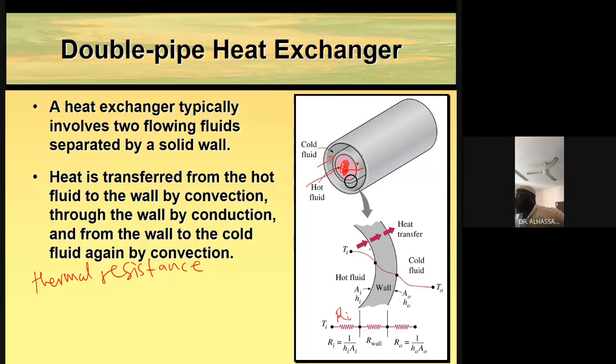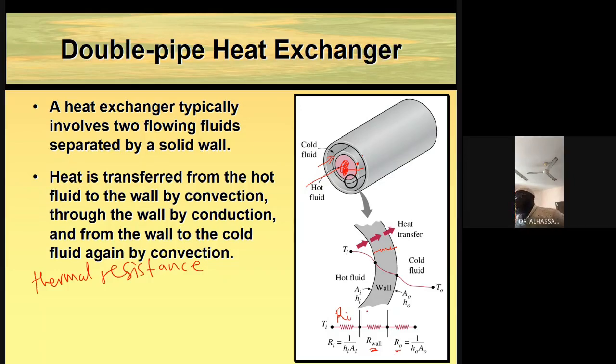Through the wall, we have conduction heat transfer, so let us denote that by R wall. Finally, across the outer surface of the inner cylinder, our attention is focused on the inner cylinder and no more. With regard to the outer surface and the cold fluid, the mode of heat transfer is convection, R convection.